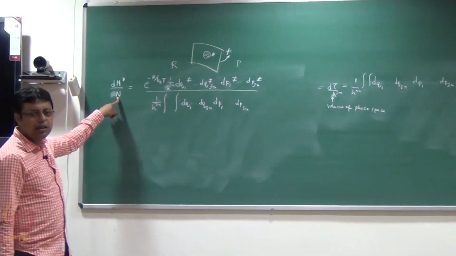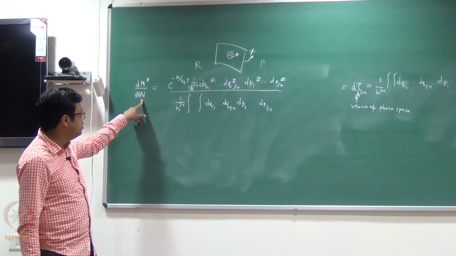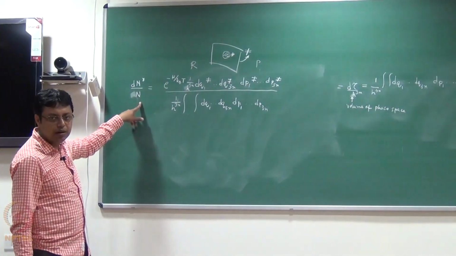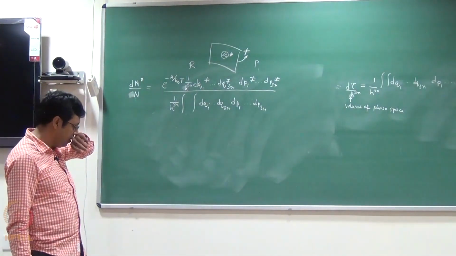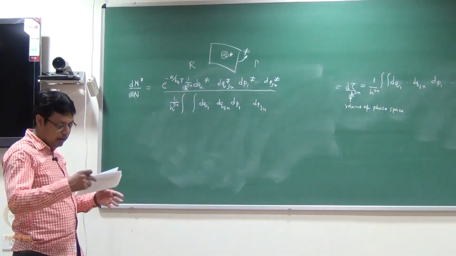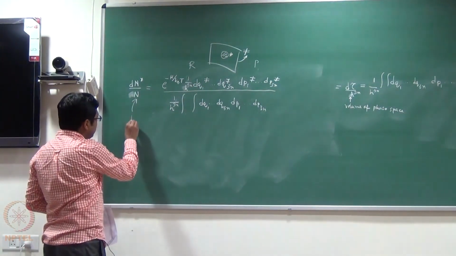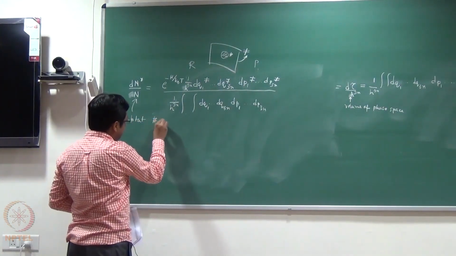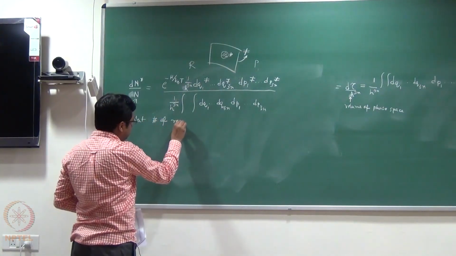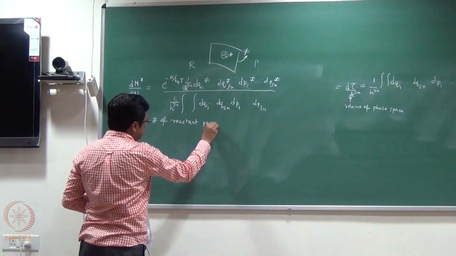Now, what is this n? This n is the total probability of the states which are the starting point. If you remember, this n is the total number of reactant pairs.